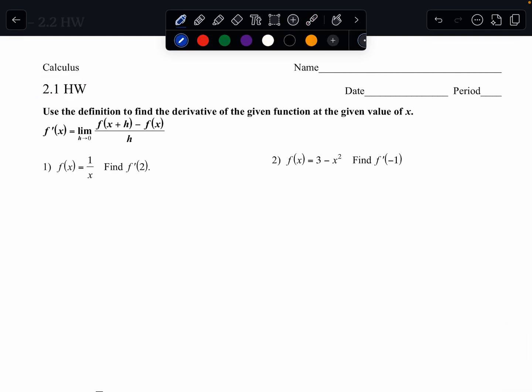So, the definition of a derivative is given right here, and it looks really whack, but it basically just means the slope of a secant line between 2 points. The 2 points are x and x plus h.